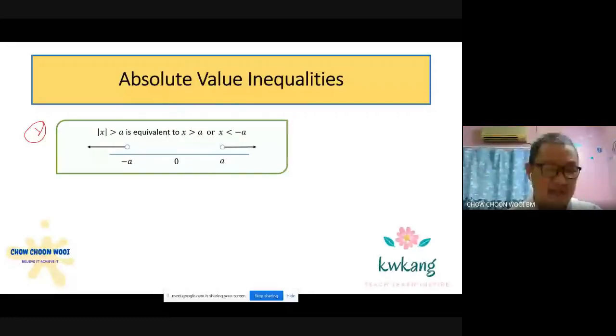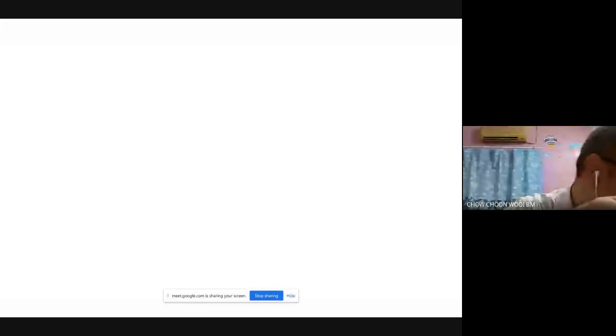Yang kedua pula, kita tengok yang kedua. So, lepas ini janganlah tanya bila kita nak guna N, bila kita nak guna O. So, for example, I give you one example for this one. So, based on the definition, the second definition, cukup penting, tolong kalau ada kertas, kena cari kertas.